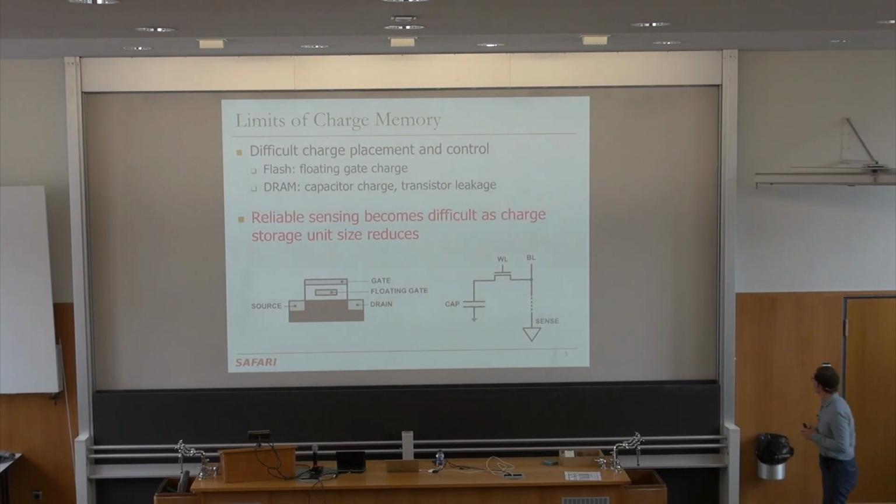Basically, we're going to talk about memories that are not charge-based. We've talked a lot about DRAM, which is a charge-based memory. If you remember, the storage unit is really a charge storage unit. It's a capacitor. Whether or not there's charge determines whether or not you store a 1 over here. We're later going to talk about flash, if we have time.